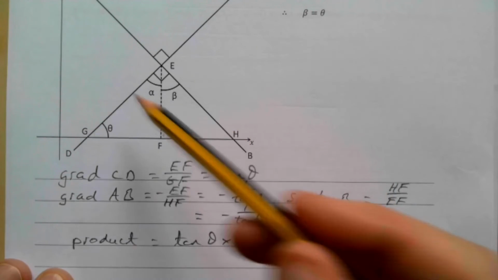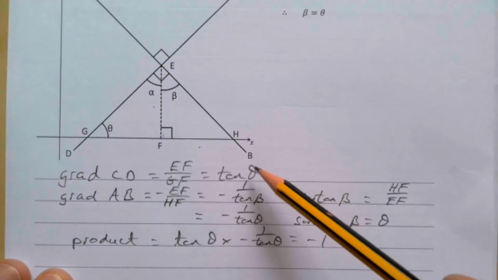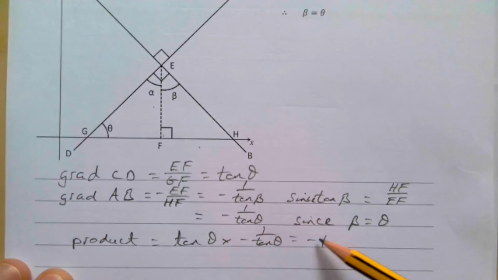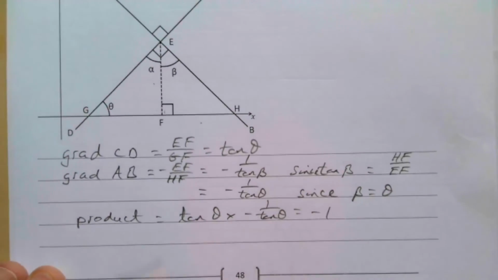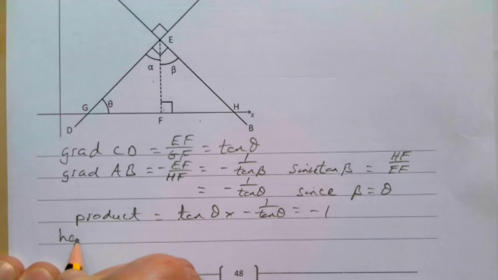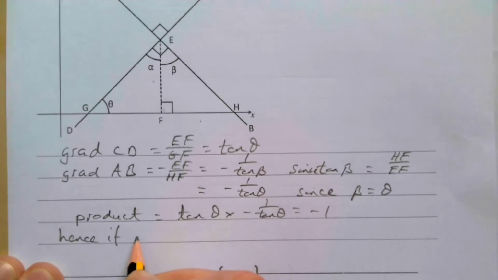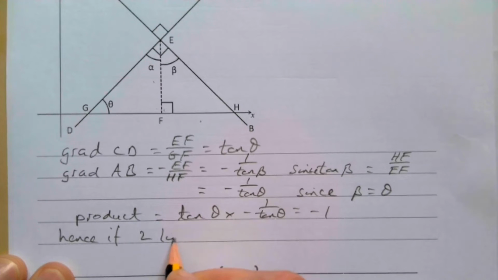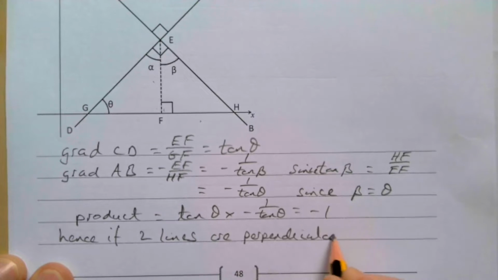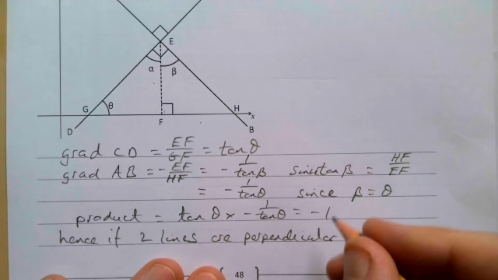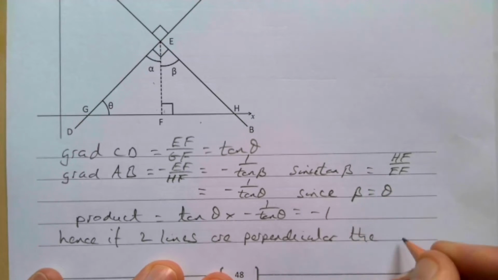We found out that the product of the gradients of two perpendicular lines is minus 1. Hence, if two lines are perpendicular, the product of their gradients is minus 1.